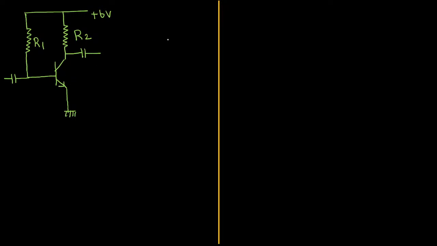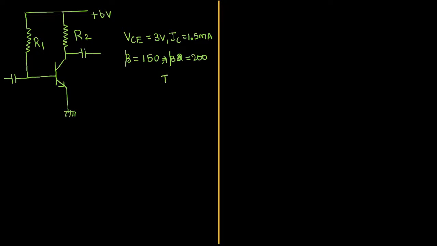In the question, the amplifier circuit shown in the figure, the values of R1, R2 are such that the transistor is operating at collector to emitter voltage of 3 volts and collector current IC equal to 1.5 milliampere, where the value of beta is given as 150. Now they are raising the value of beta from 150 to 200.